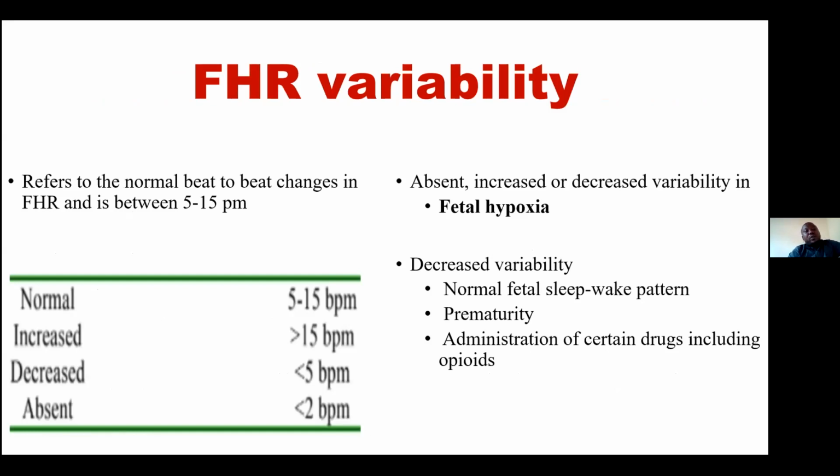So there is also fetal variability. Fetal variability means you have the baseline fetal heart rate, say 130, and then we are expecting to have fetal heart rate variability, like 145 or 125, because you need this variability in between.